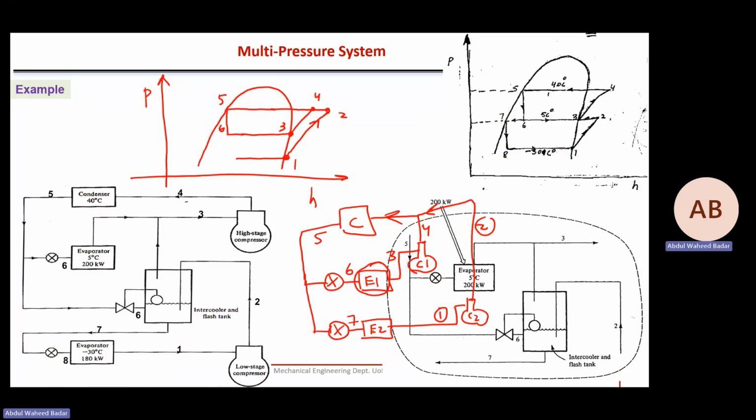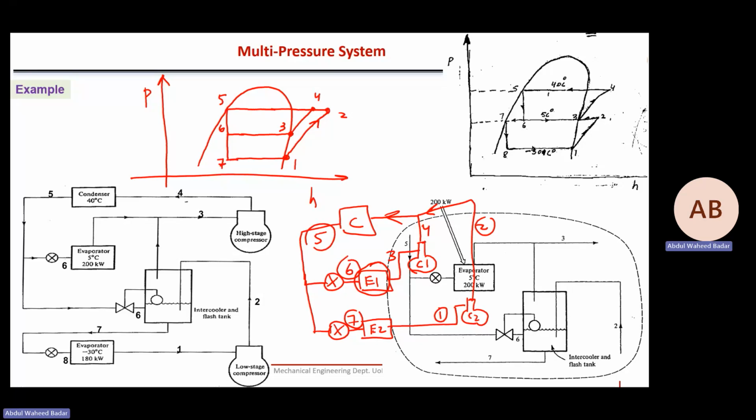Is there any liquid vapor separation? No, there is no flash tank. So then there is 5 to 6 and 5 to 7. But you will show it like this on the pH diagram. So 6 to 7 is actually nothing, but it looks like there is a process 6 to 7.